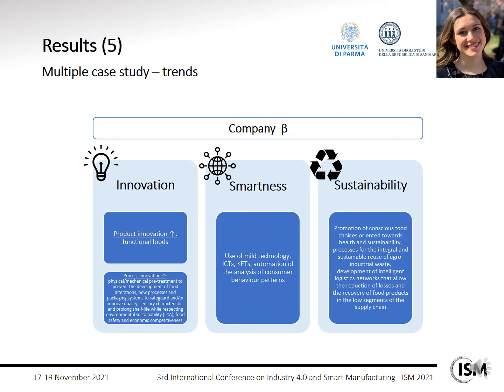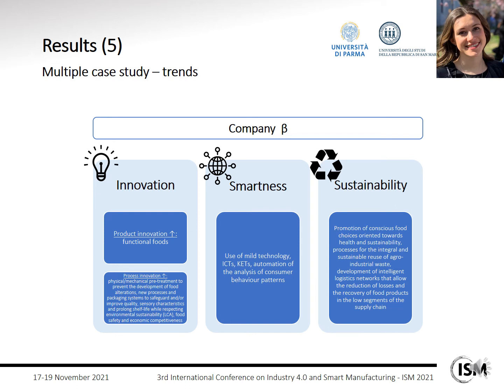So, in fact, product quality is the main focus of company Beta. Thus, it puts in practice new processes to safeguard and to improve it, focusing in particular on the extension of the shelf life of products while respecting environmental sustainability.